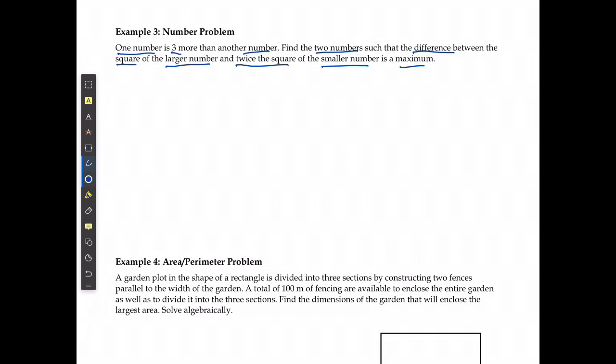Well, first, I need to think of what the numbers could be. If I said I have one number and I called it x, and one number is 3 more than the other, then the other number I can call x plus 3.